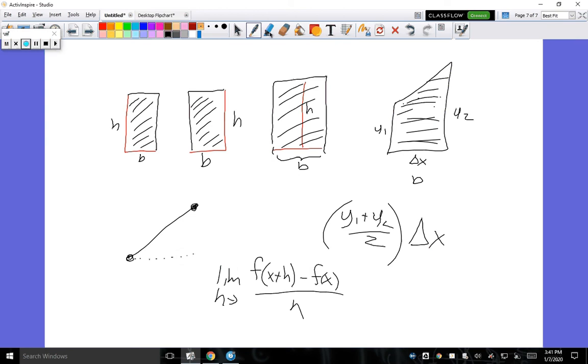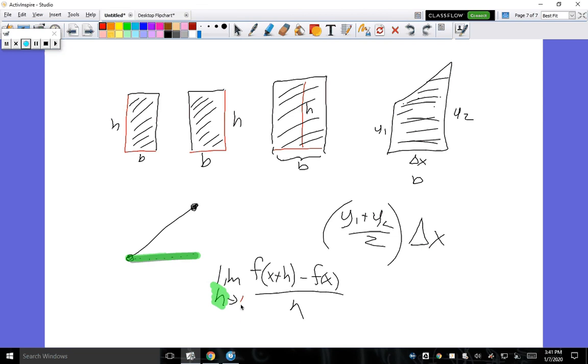So if this right here is H, this difference between the X values, like X2 minus X1, if that's H, what did we want H to approach? So that I didn't have the secant, but I had the instantaneous rate of change. 0. So you're getting a lot of points.